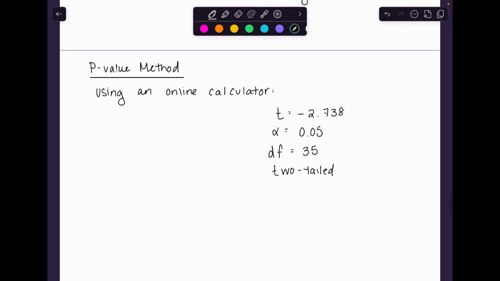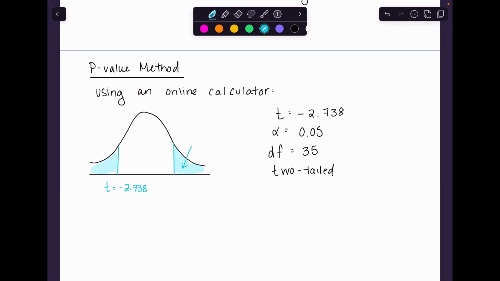So the specific calculator that I'm going to show gives you the total value of P, which is the area on the left and right. But here our test statistic is negative 2.738. So it's also finding the area over here too, corresponding to t being positive 2.738.